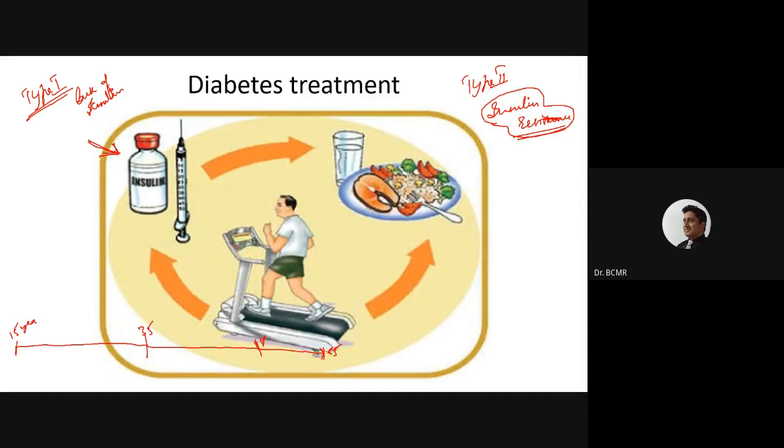I'm talking in terms of years and age. From here to here, the metabolic rate is usually very high, and it slows down from around 30 onwards, through 35 to 45 or 50, and then we have to struggle hard to keep it up well.